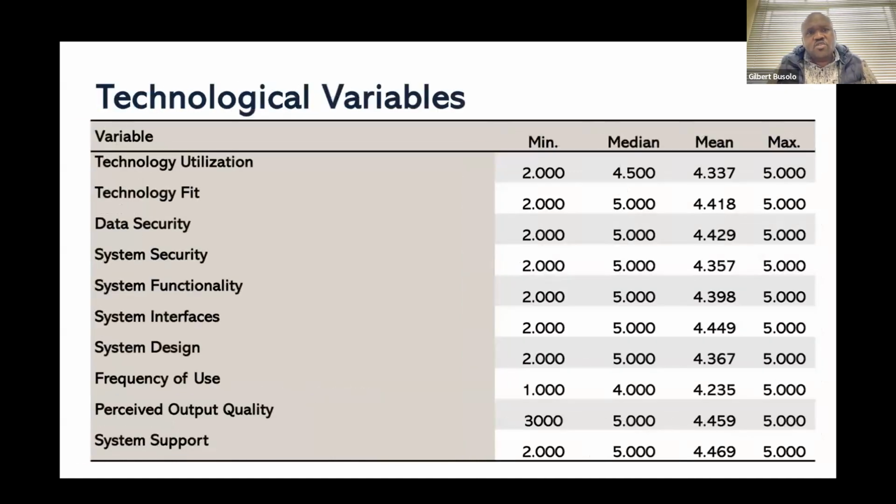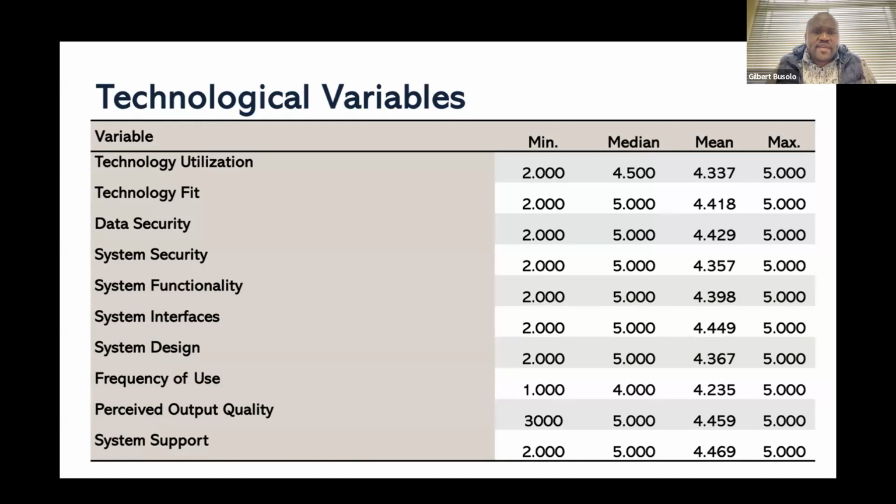We looked at the technological variables, the variables that affect the technology, that look at the product itself, even if it's a system or something like that. We see this one was also very, very strong. We are looking at issues that came out very strongly, like the technology fit, how best does this technology fit in that scenario, how best does it answer basically the user requirements and the functional requirements.